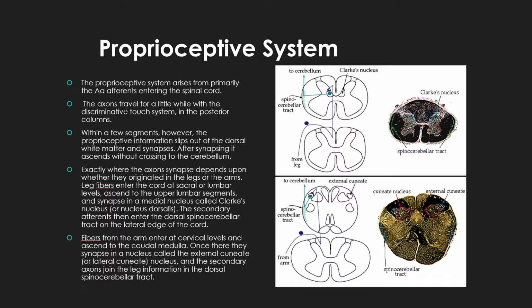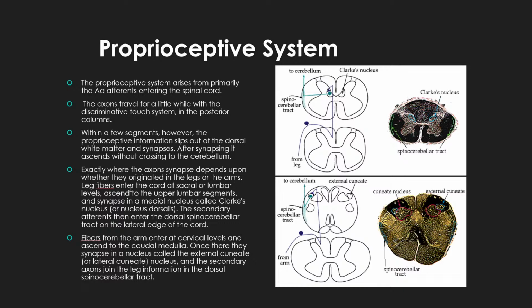They travel a little bit with discriminative touch, and within a few segments, proprioceptive information slips out of the dorsal white matter and synapses and continues without crossing to the cerebellum.